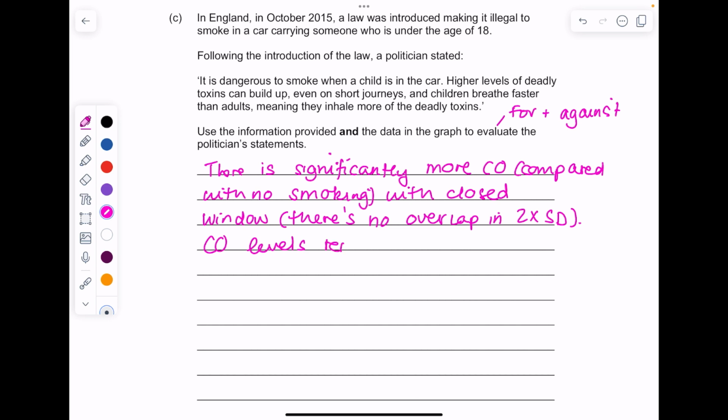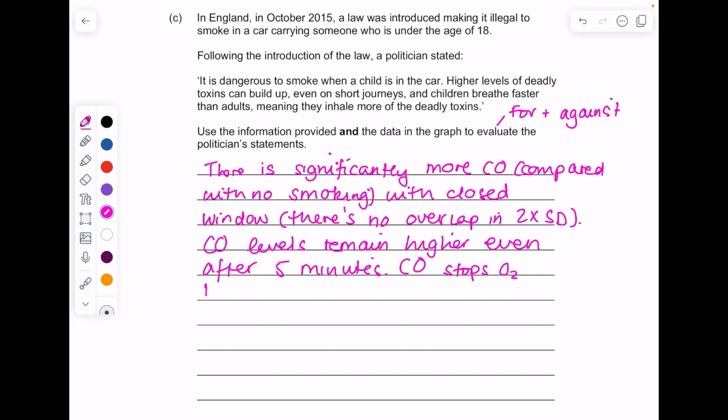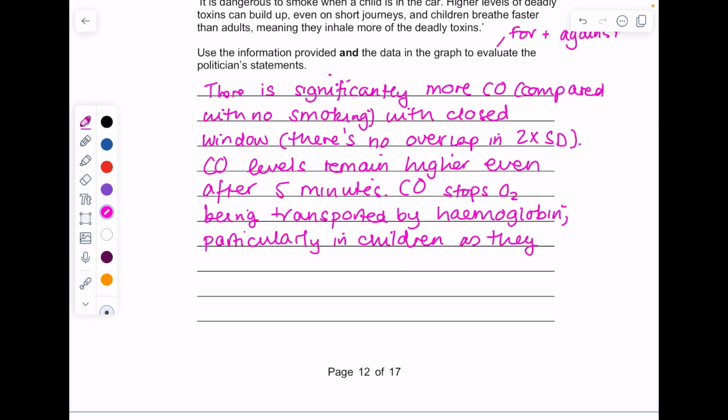And let's say why that's a problem. Carbon monoxide stops oxygen being transported by haemoglobin, particularly in children. So I'm using the politician's statement as they breathe faster.